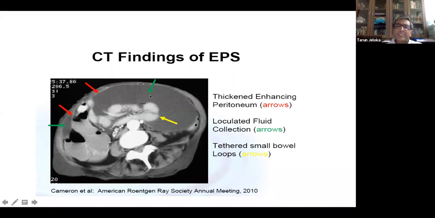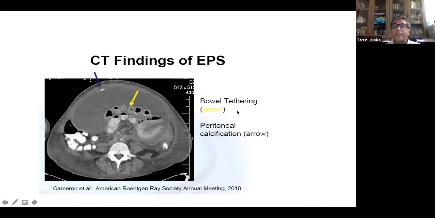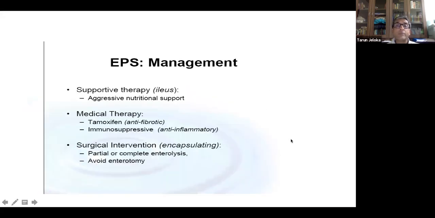So you see thickened peritoneal membrane, you see loculated fluid collection, tethered small bowel loops, dilated bowel loops, again peritoneal thickening, loculated, tethering. So these are a few words you have to remember: peritoneal membrane thickness, bowel tethering, loculated collection. So these are certain things which you can say when discussion of EPS comes in.